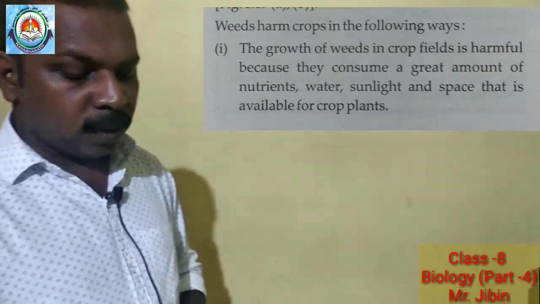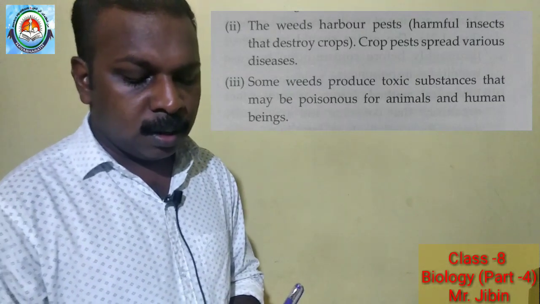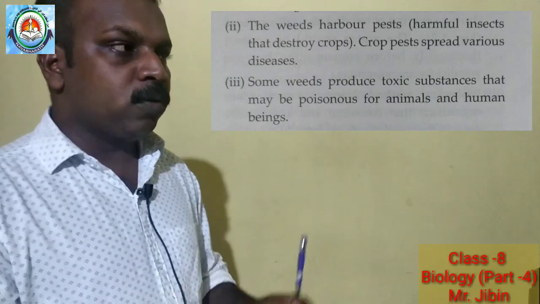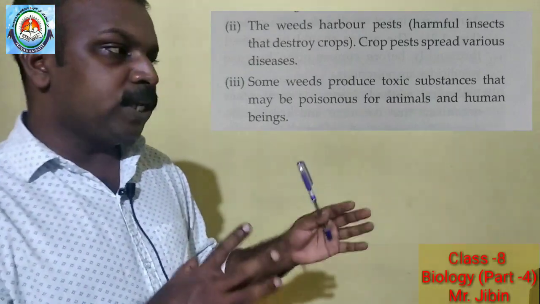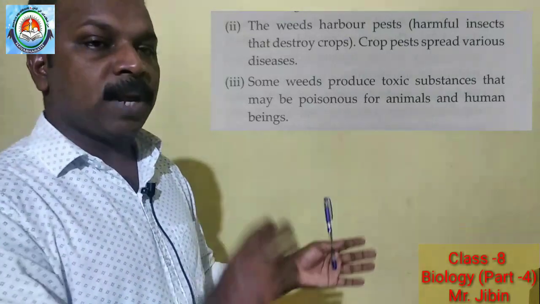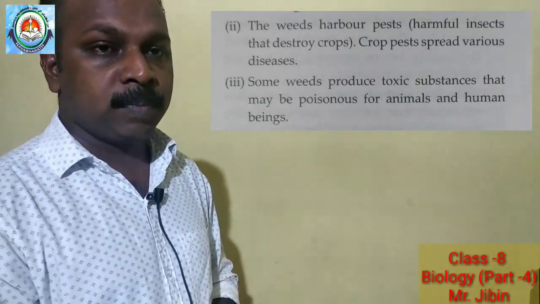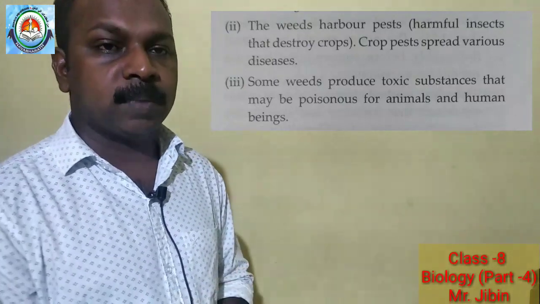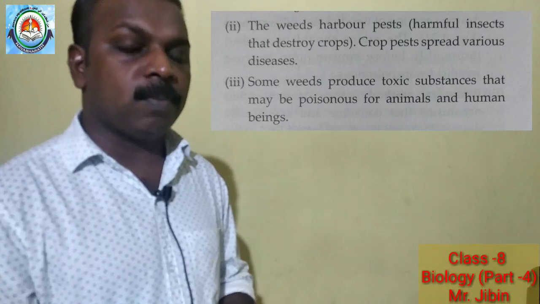Okay. Second point, the weeds harbor pests or harmful insects. When weeds are growing along with these crops, they become a place for the pests to live, giving them a place for living, so that many pests may come to the field. Then what is the problem with that?